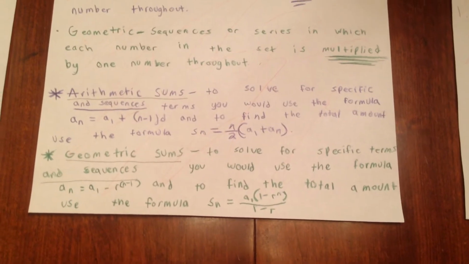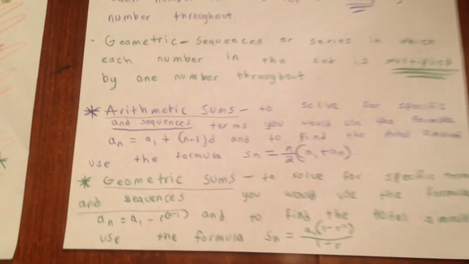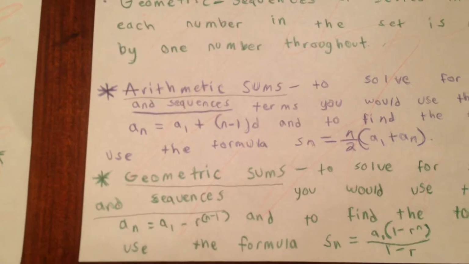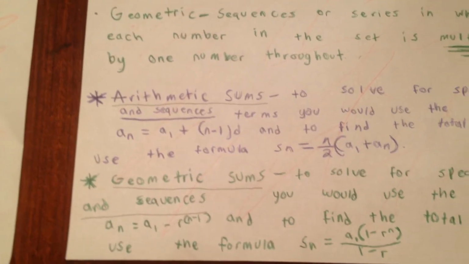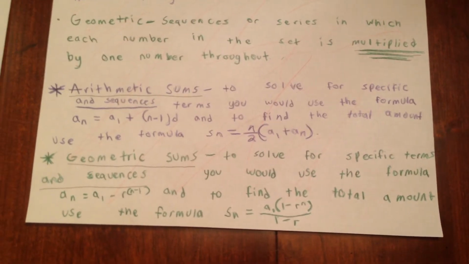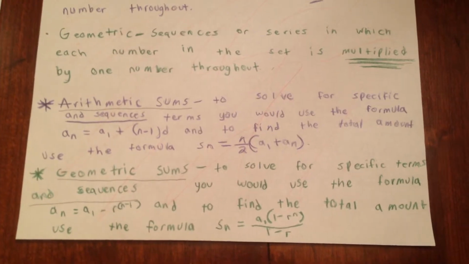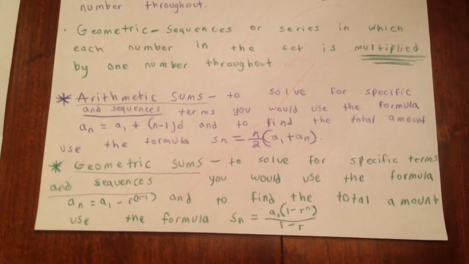So arithmetic sums and sequences. To solve for specific terms, you would use the explicit formula, which is again a sub n equals a sub 1 plus n minus 1 times d. And to find the total amount or the sum, use the sum formula, S of n equals n divided by 2 times a sub 1 plus a sub n.